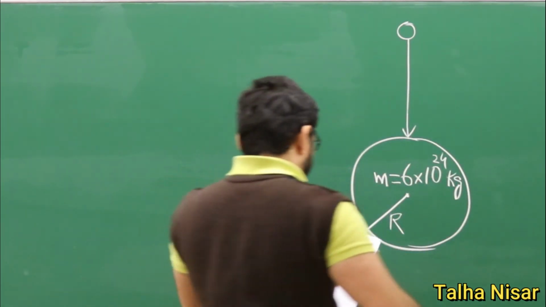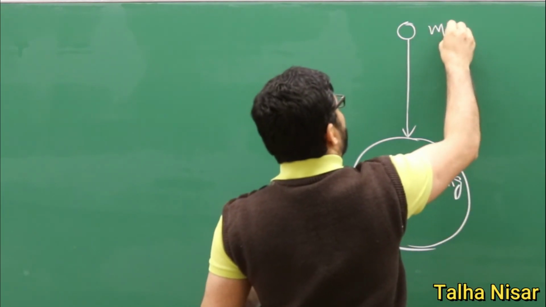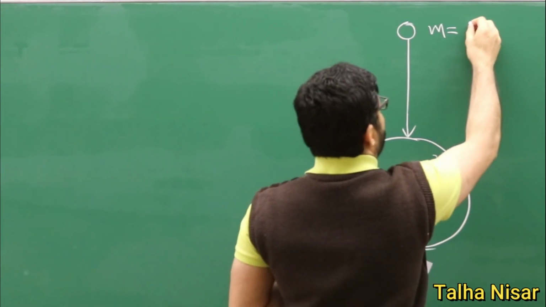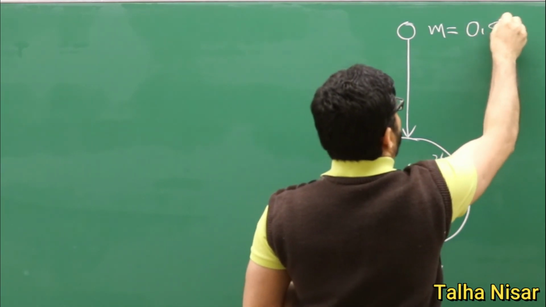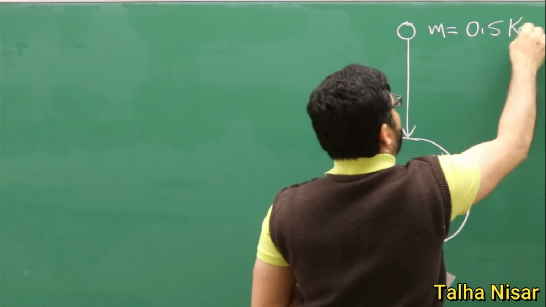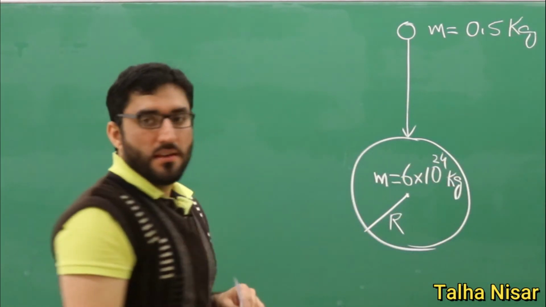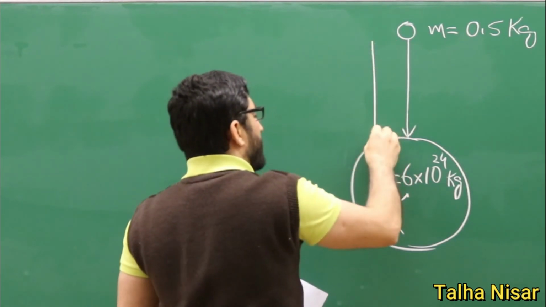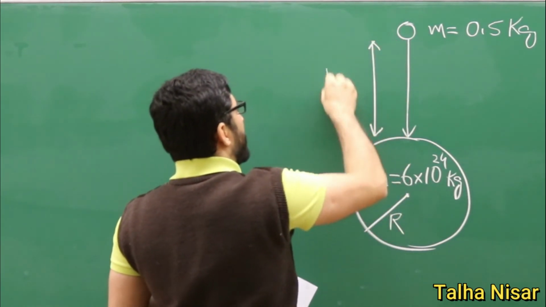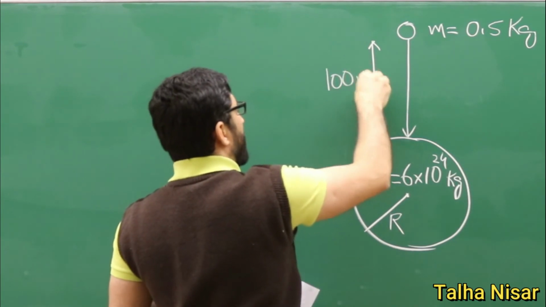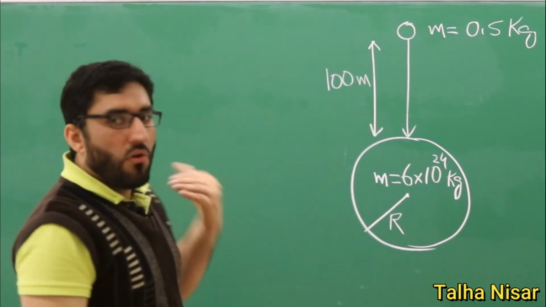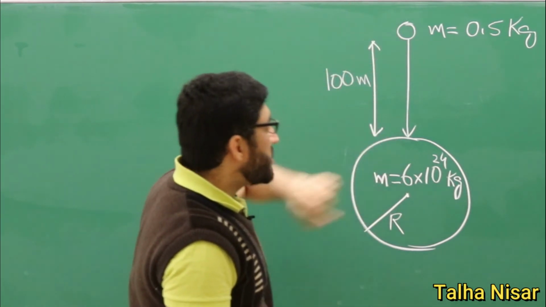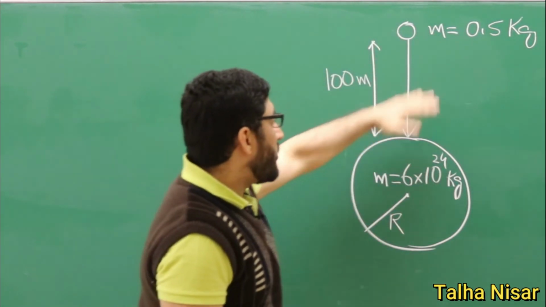The mass of this ball is much smaller than the mass of the Earth; we take 0.5 kilogram, half a kg. And this height is 100 meters. Now we want to know how long this ball will take to reach the surface of the Earth because of gravity.